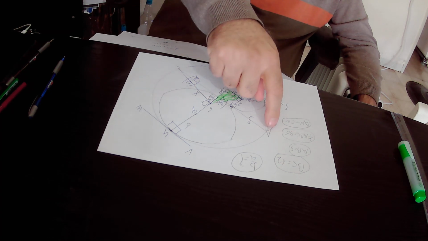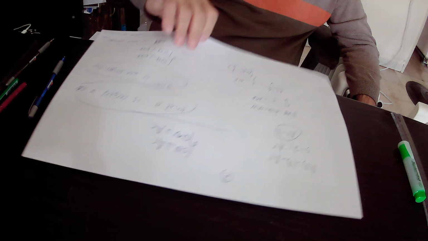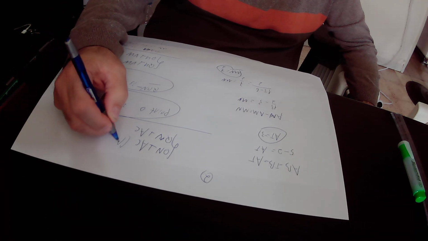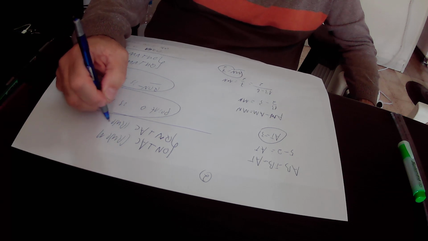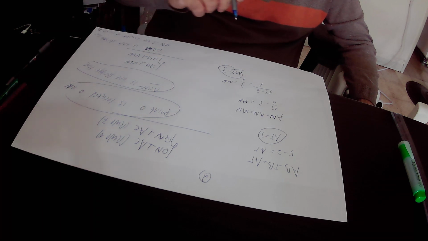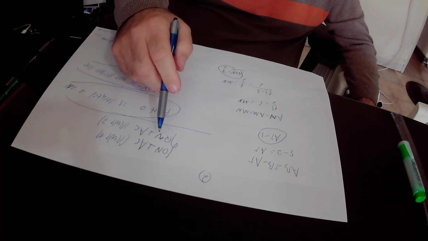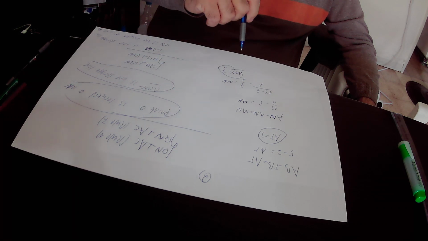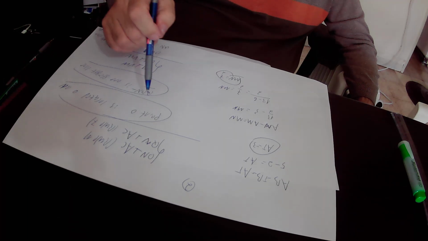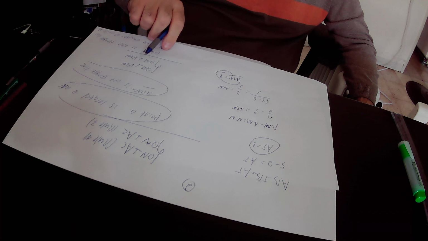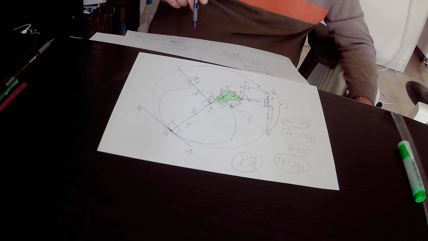But ON is also perpendicular to AC according to rule number 7. Again, both those line segments ON and QN are perpendicular to AC. From those two statements, we derive that point O is located on QN. Again, point O is located on this line segment QN.